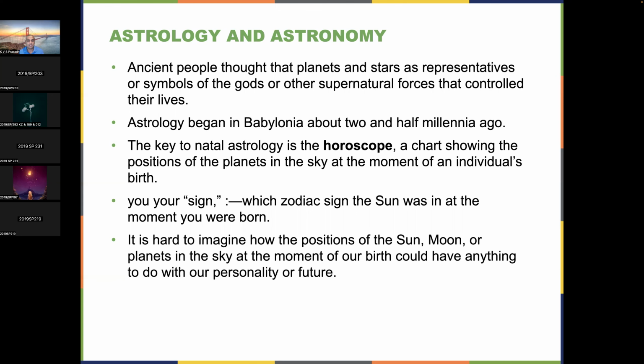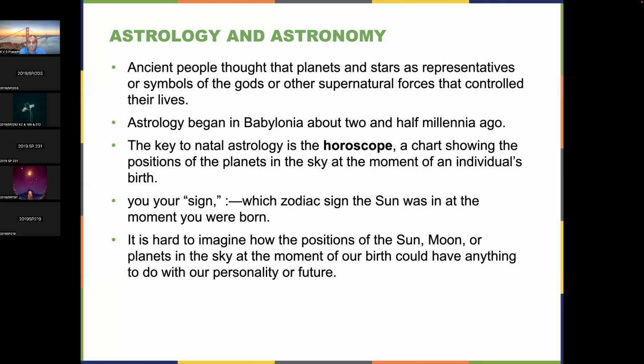So it's basically the position of the planets when you are born, right? And then you are assigned a particular sign based on that. This is called your zodiac sign, and that sign is the sign the sun was in at the moment you were born.